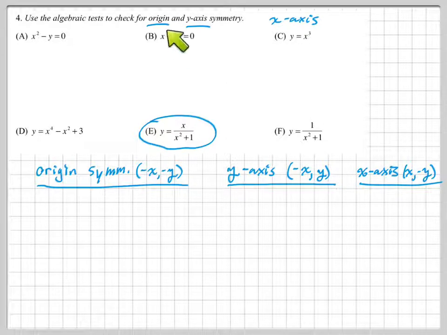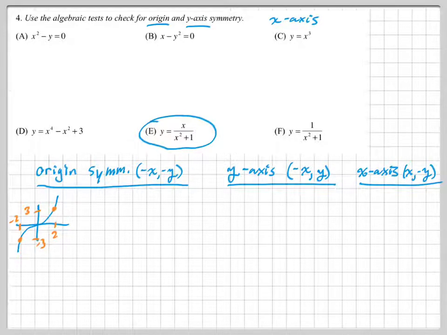Usually though, for origin and y-axis symmetry, you can do what I like to call the negative x test, where if you plug in negative x and you get the exact opposite for the y, then you know you have origin of symmetry. If you plug in negative x, you get the same y, then you have y-axis symmetry. It's just a different way to think about it, but it's pretty much the same thing of what I'm about to show you.